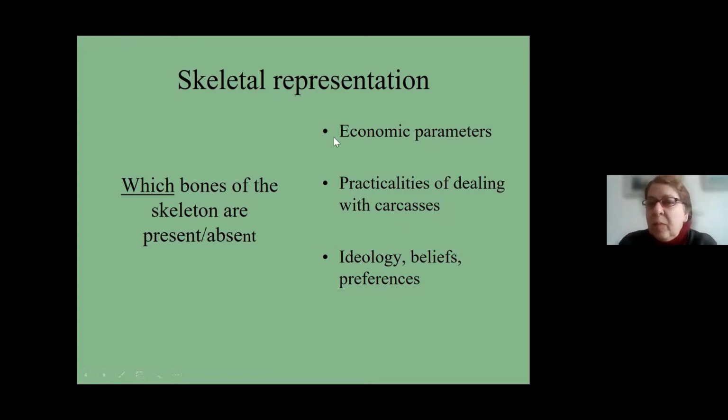And there can be economic considerations on this. They can be practicalities of dealing with carcasses, with dead animals. And there can be ideology, beliefs, and preferences again. It is a huge discussion, actually, what all these things will mean, but perhaps I should spend more time.